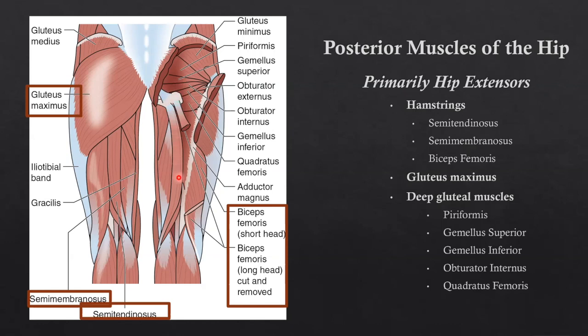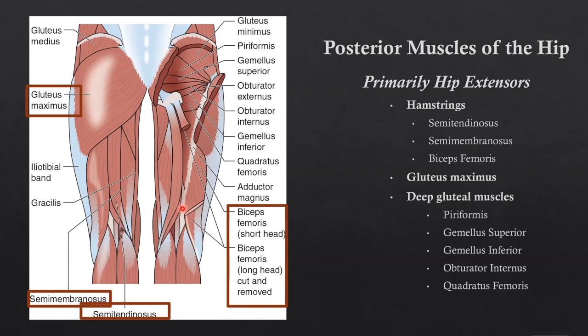But as you move more distally, you notice that our semimembranosus and our semitendinosus will attach more on the medial aspect of our tibia, and our biceps femoris will attach more so on the lateral aspect of our tibia. So along with the conjoined function of the hamstrings to extend the knee, our semimembranosus and our semitendinosus muscle will also have that hip internal rotation action, while the biceps femoris will have that hip external rotation.